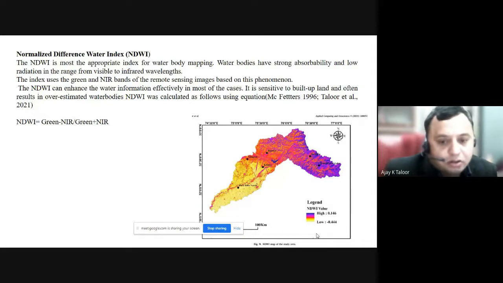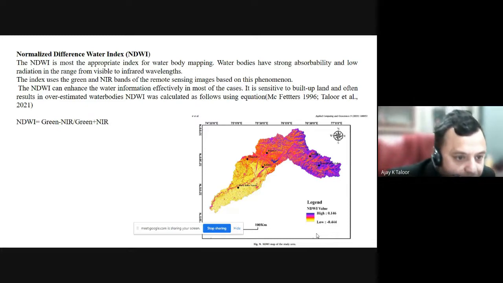So, as I told you, there is also another index regarding water, which is known as the normalized difference water index. This is the most appropriate index for water body mapping. Water has strong absorbability and low radiation emitting from visible to near infrared. If we look at these particular portions, we see very high NDWI values.